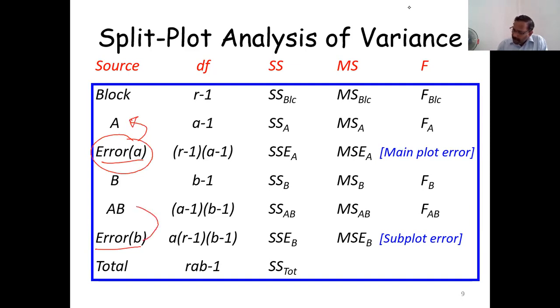We are using error B to test the subplot factor B and the interaction effect. If you have written down, tell me so that I can give the model and the sums of squares.